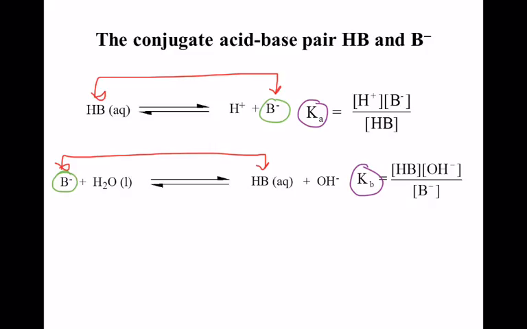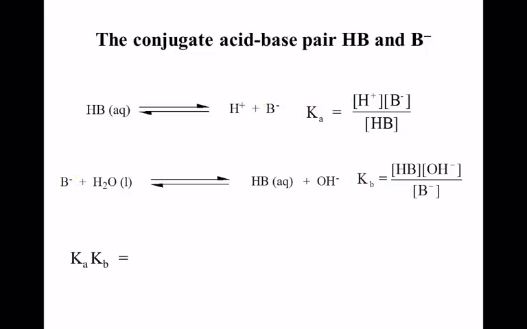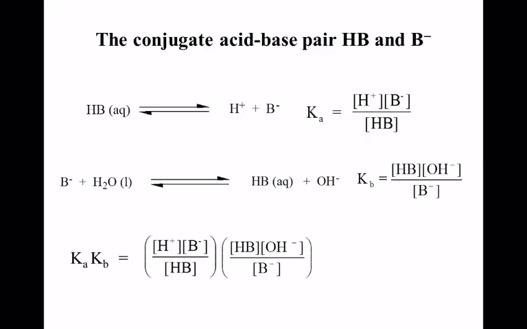So here you go. All you've got to do is, on the next slide, you're basically taking this times this. That's it. It's a proof. So here we go: the first term times the second term. It's like magic. I just think that is so cool. Allow things to cancel that are going to cancel. So our HB's cancel, our B minuses cancel.